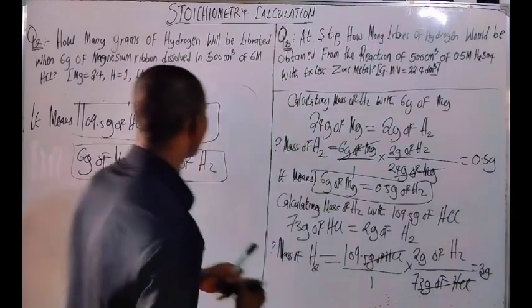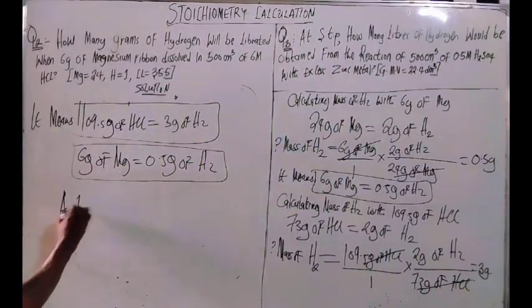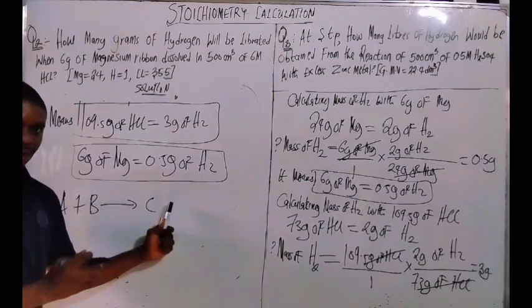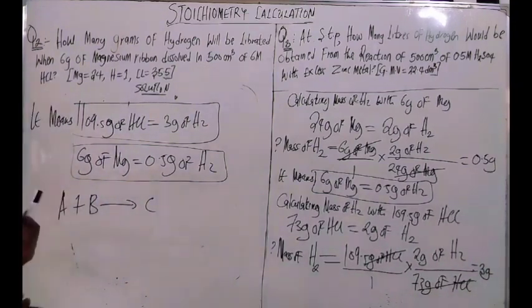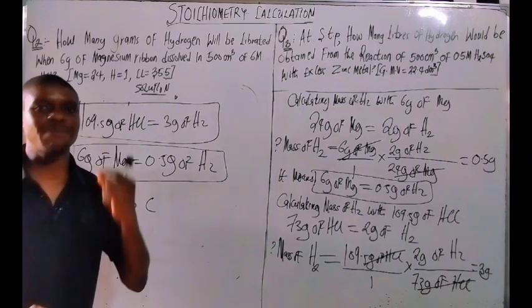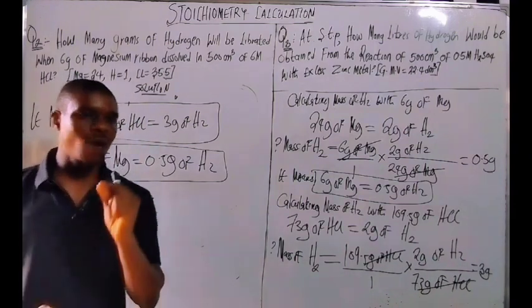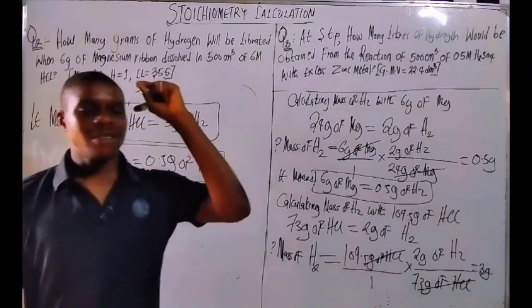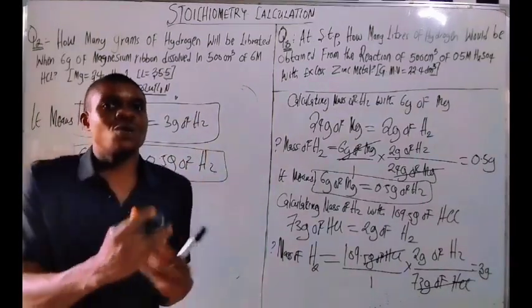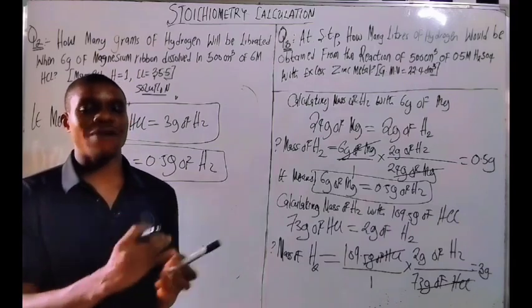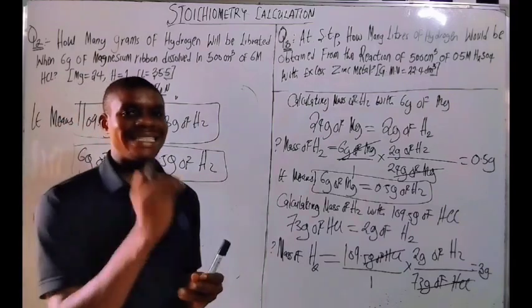For example, A plus B to produce C. If the reaction proceeds and stops, it means one has been used up. The reactant that is used up is called the limiting reactant because it is the one that is limited, while the one that remains after the reaction has stopped is called the reactant in excess.